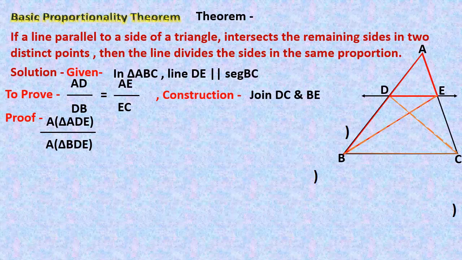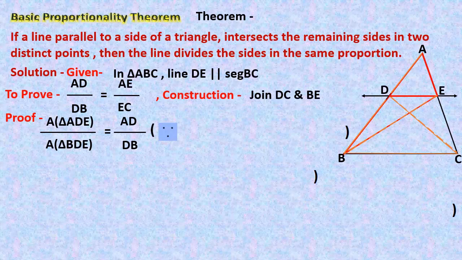Therefore, the ratio of areas is proportional to their bases. That is, area of triangle ADE divided by area of triangle BDE is AD divided by DB. The areas ratio is proportional to bases because their heights are equal. The reason is triangles having equal height.